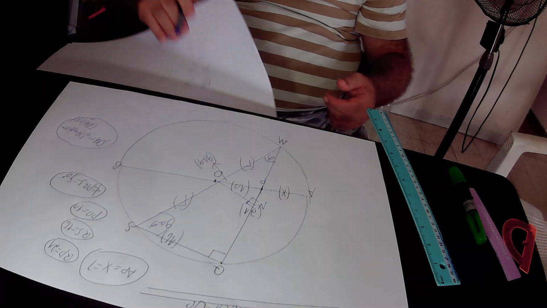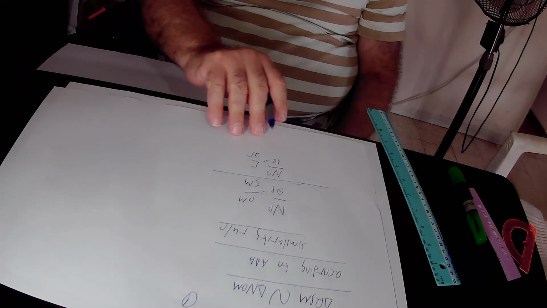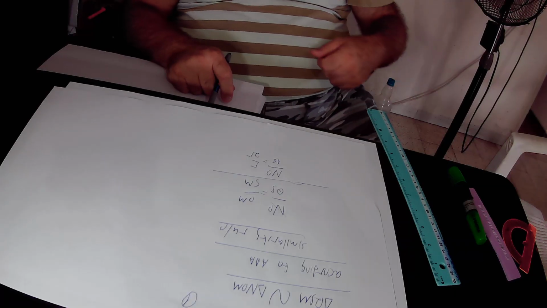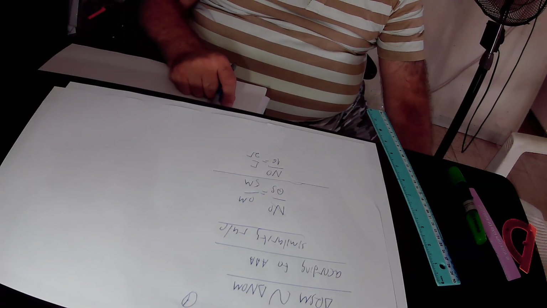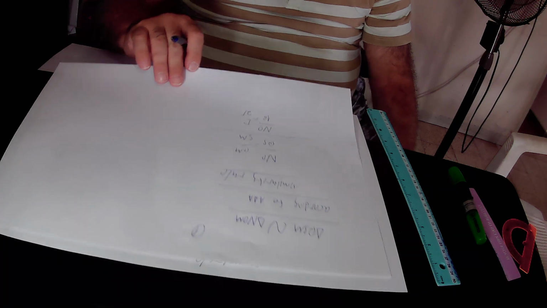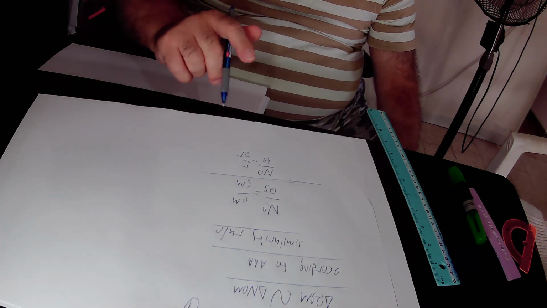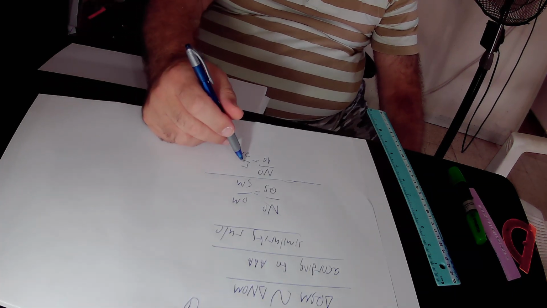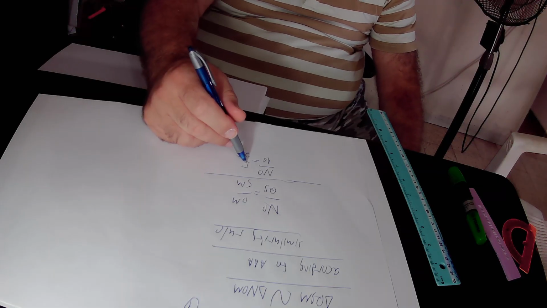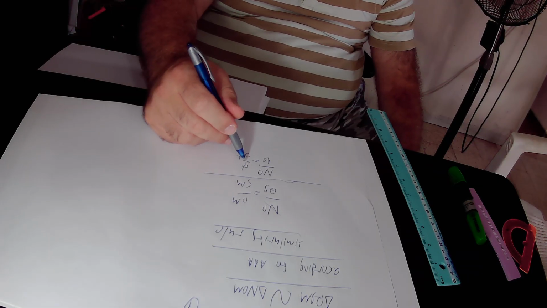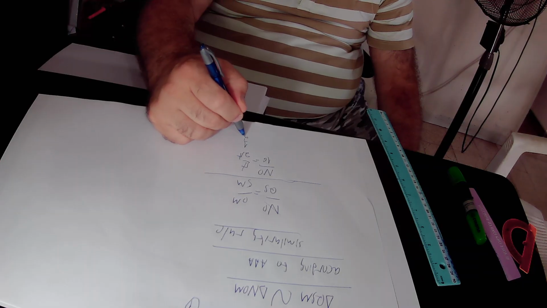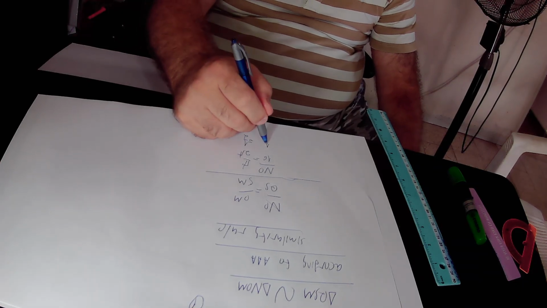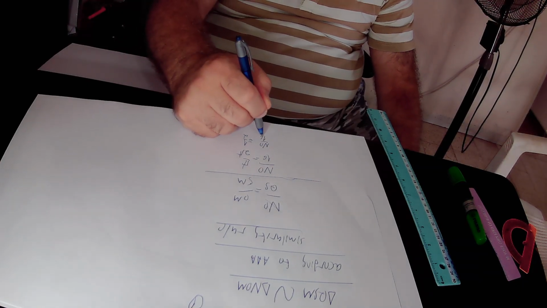So in total, we found that NO over 16 equals r over 2r. We have r in the numerator and r in the denominator, so r gets cancelled. On this side of the equation, we only have 1 half equals NO over 16.